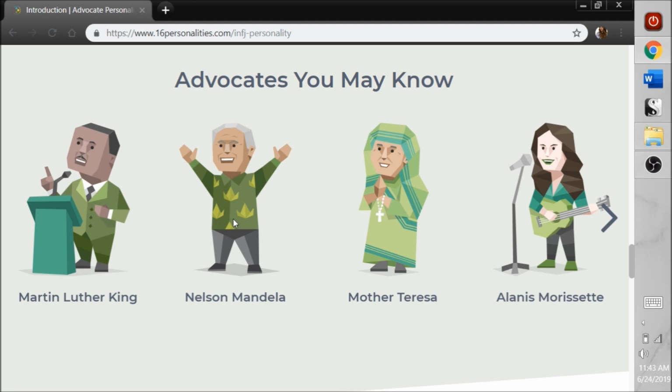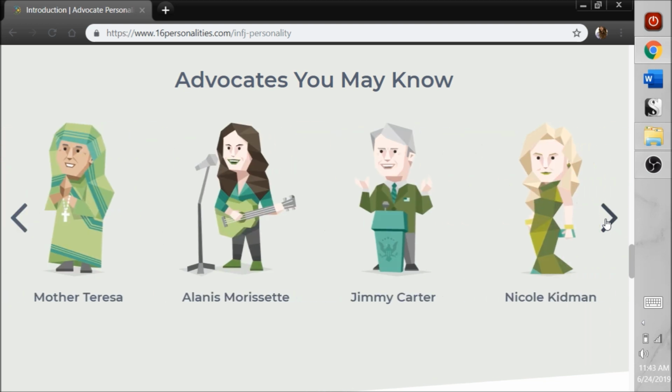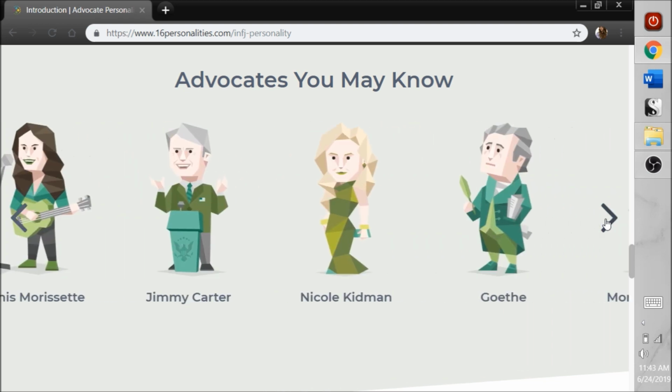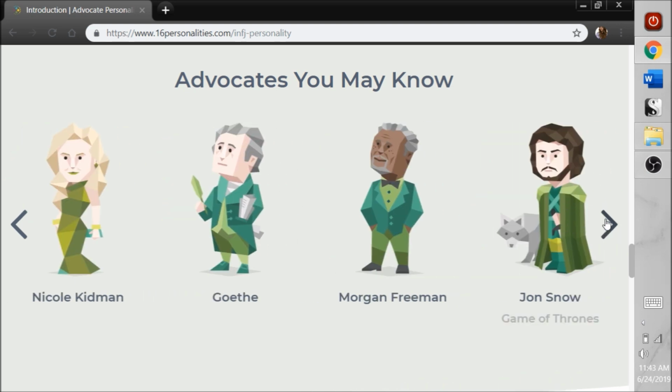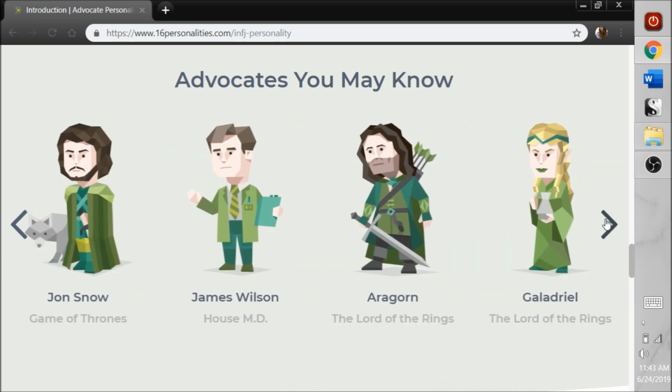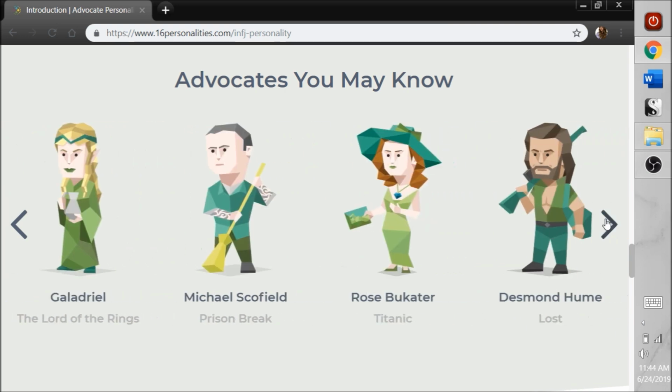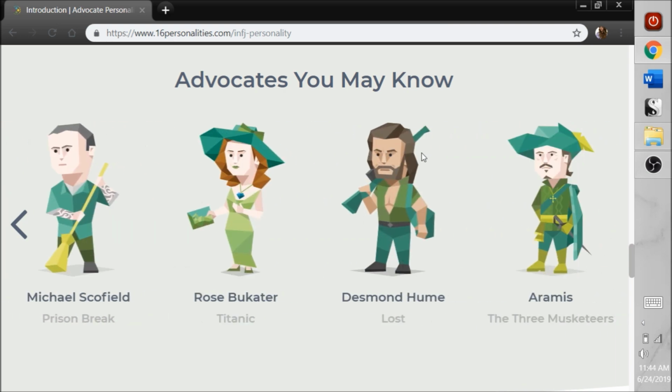I'm sure these people didn't necessarily take this test, but they are based on observations, and I don't know what kind of analysis they do to figure out whether or not these people are advocates, but supposedly they are. The one I'm most excited about is Desmond Hume from Lost. Anyone remember Desmond? He's the best. So apparently we're advocate buddies, and I am totally down for that.